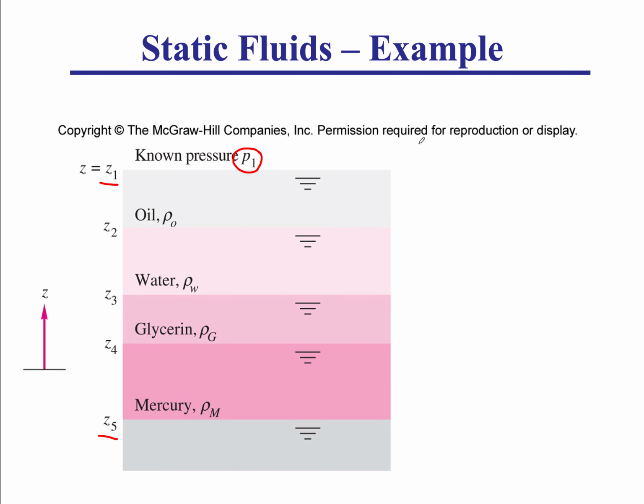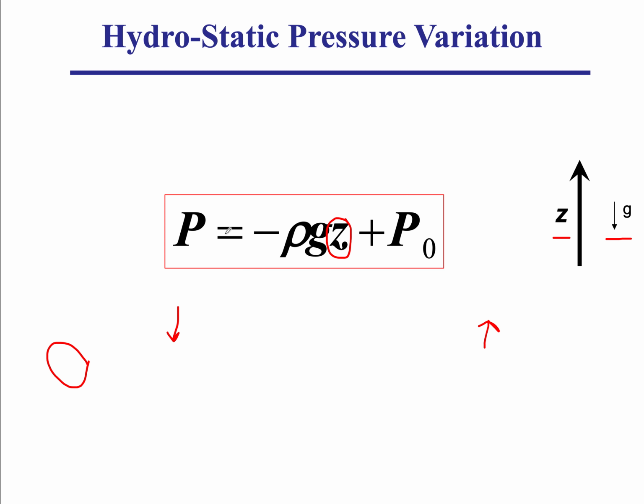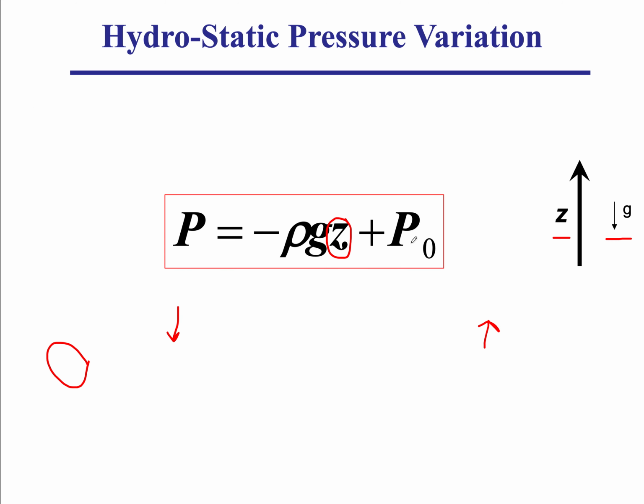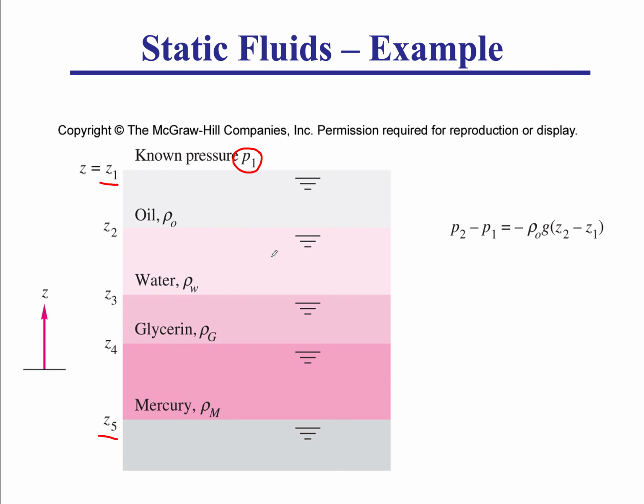You'll just need to do the difference in pressure between two levels, which is just the minus rho g z. So P minus P0 is minus rho g z. And the minus z, as we said, is as we go deeper and deeper, we increase in pressure.